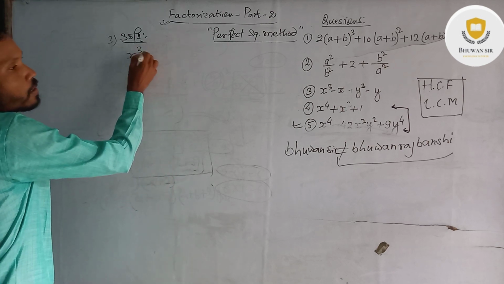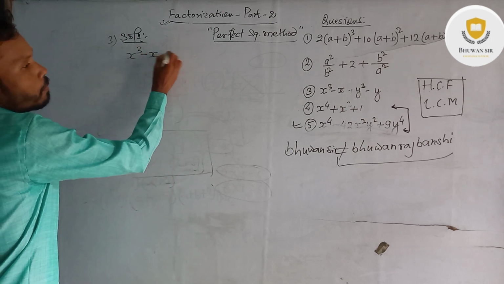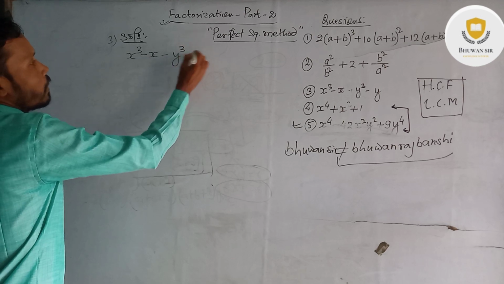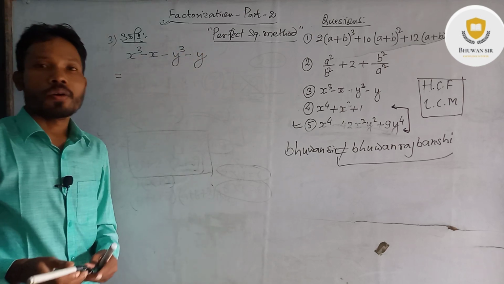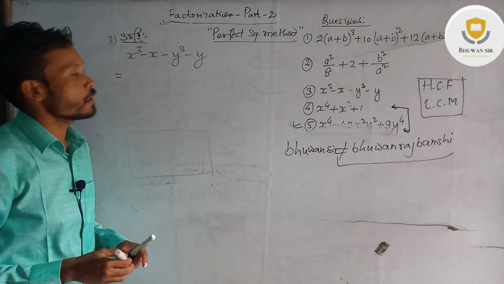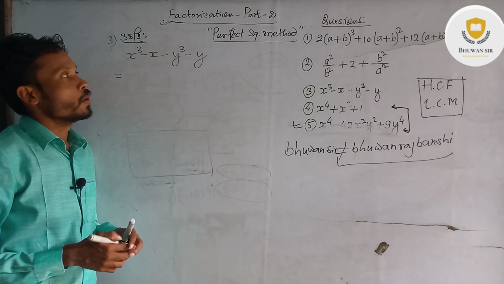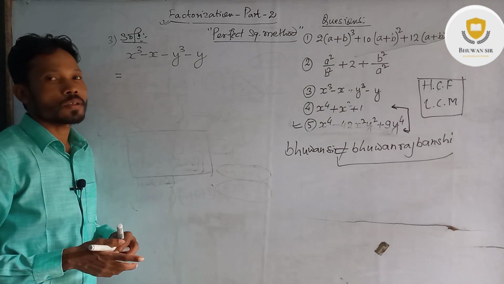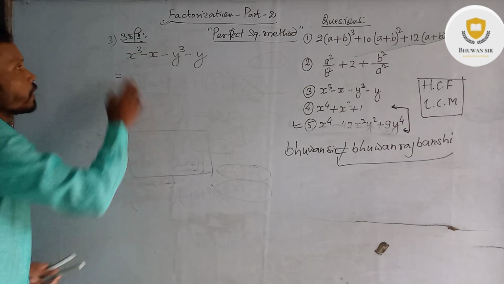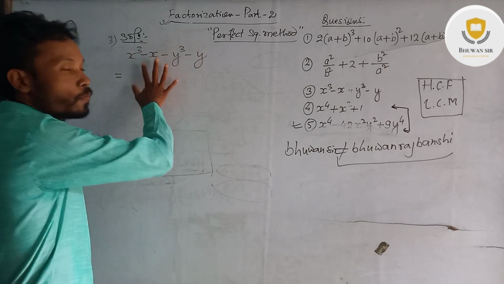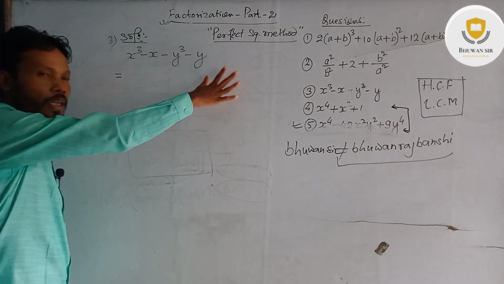Question number 3, x cube minus x minus y cube minus y. Okay, this is a very important part. When your expression is having 4 terms or 6 terms, right?